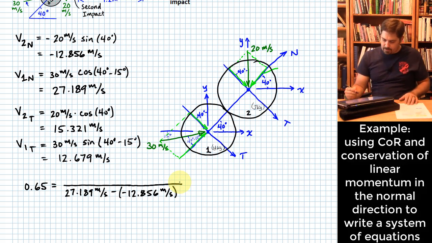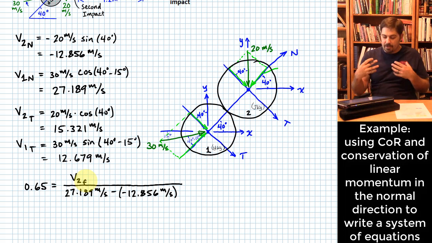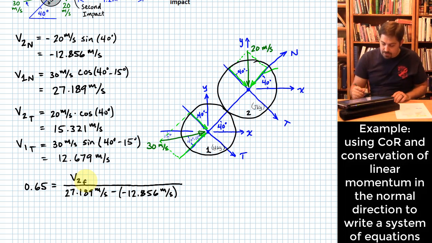What do we put in the numerator? Well, we actually don't know either of these values yet. But what we can say is that once these things collide and rebound, 2 should now have a bigger velocity than 1, and so I should put it first in the difference. So I'll call it V2F. It's not actually completely final, but it's V2F, meaning after this occurs, what is its new velocity?